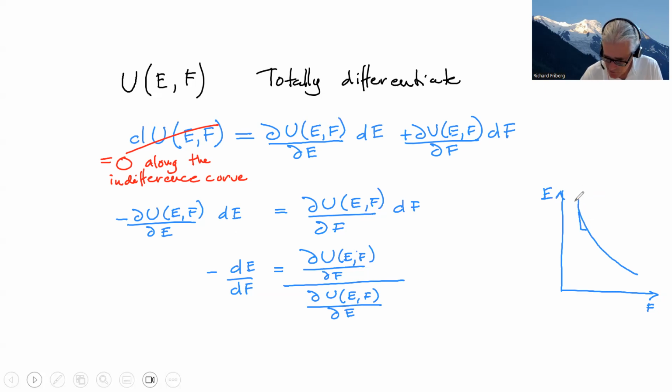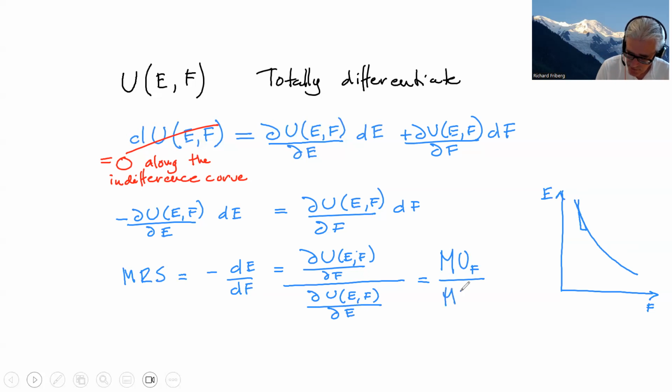These would be for a large change. For small changes, we would be looking at the tangent. In other words, this is the MRS, the marginal rate of substitution. It's given by that. And what is this in words? Well, it's the marginal utility of food over the marginal utility of entertainment.